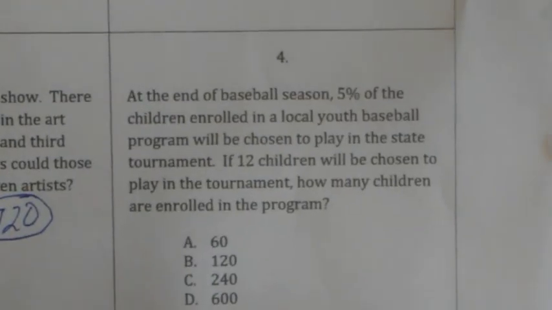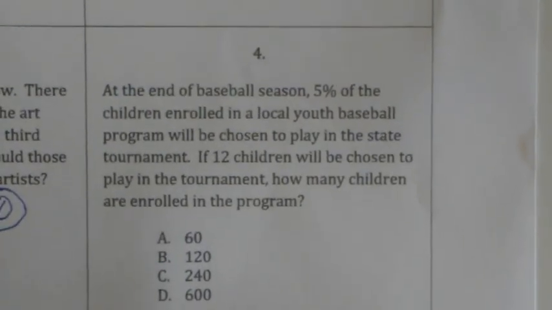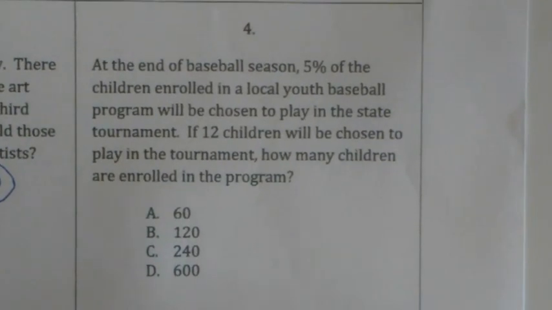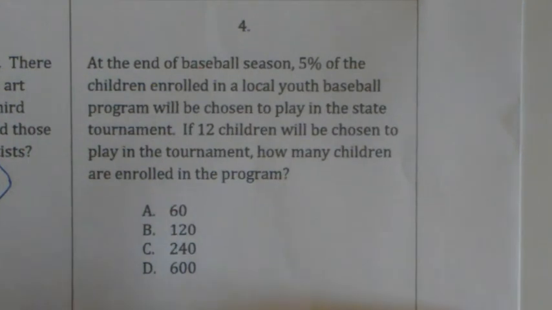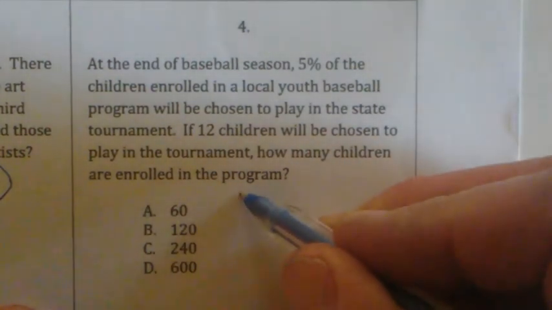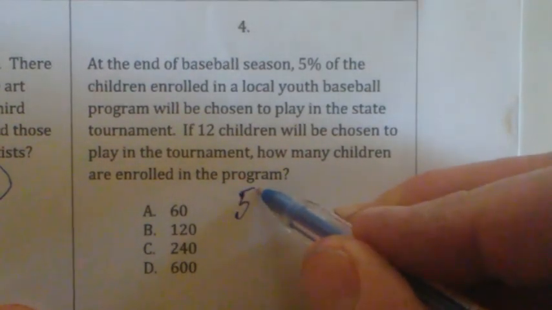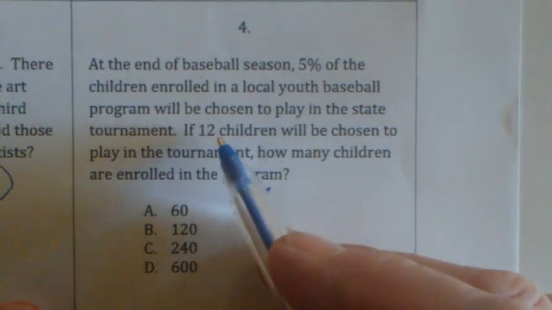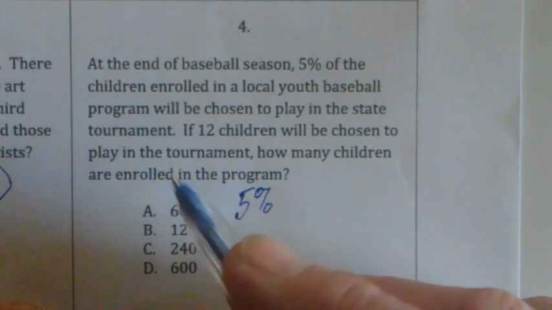Okay. At the end of baseball season, 5% of the children enrolled in a local youth baseball program will be chosen to play in the state tournament. If 12 children will be chosen to play in the state tournament, how many children are enrolled in the program? So they pick 5% of the kids. 5% of the total, not 5% of 12, 5% of all the kids in the program.